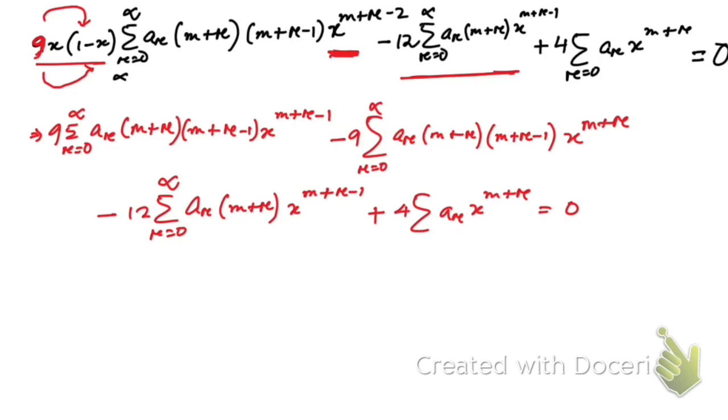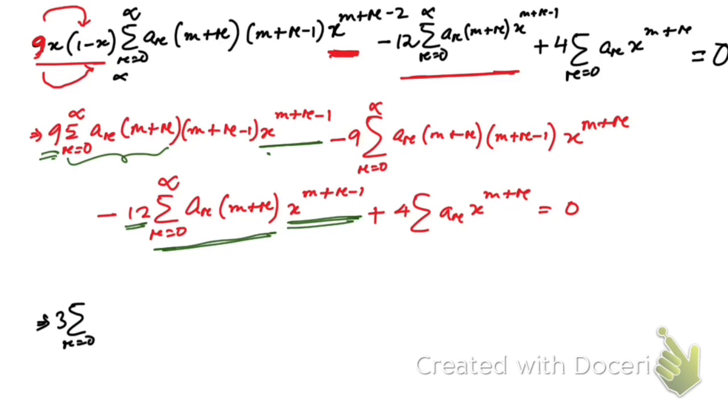Now you see, this is x to the power m + r - 1, this is also x to the power m + r - 1, and from these two terms we can take this part common, and from 9 and 12 we can take 3 common, right? If you do so, let us take 3 common, and summation r equals 0 to infinity.